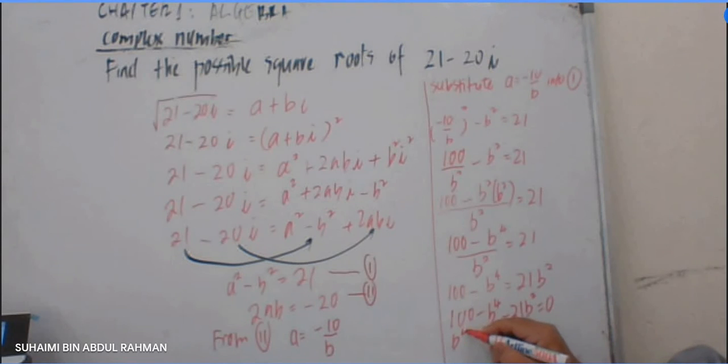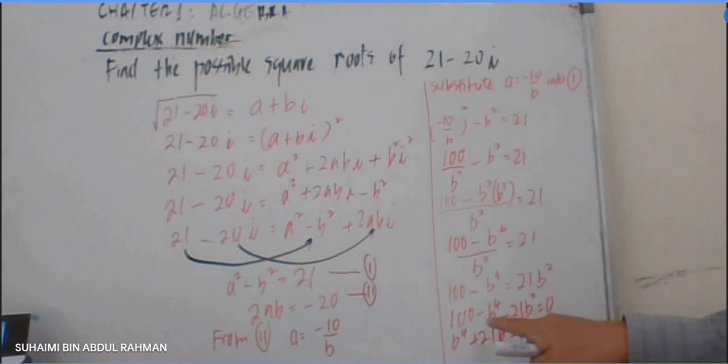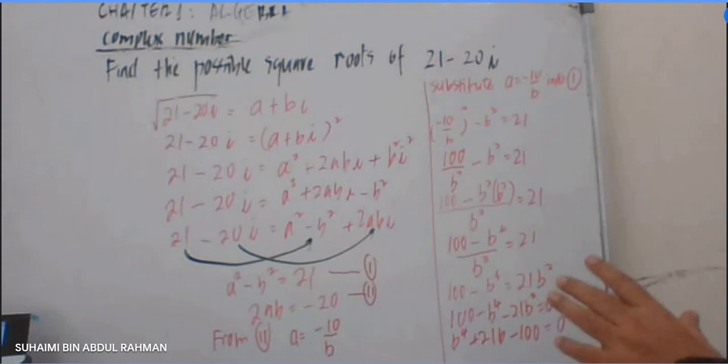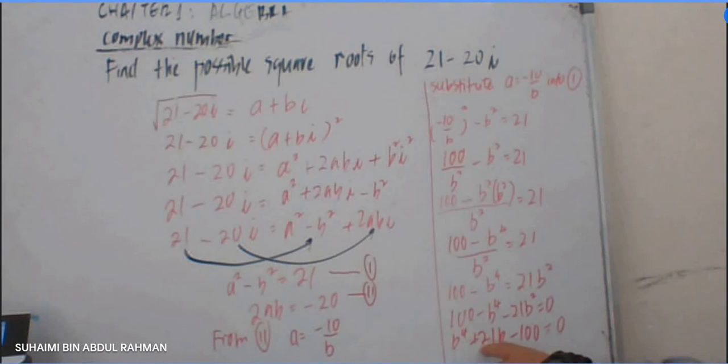Because we want the coefficient of b power of 4 positive, we multiply everything with minus. So we get b power of 4 plus 21 b square minus 100 equal to 0.